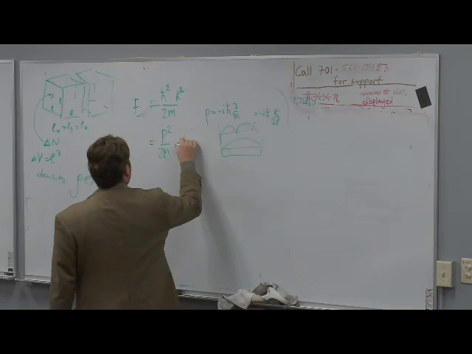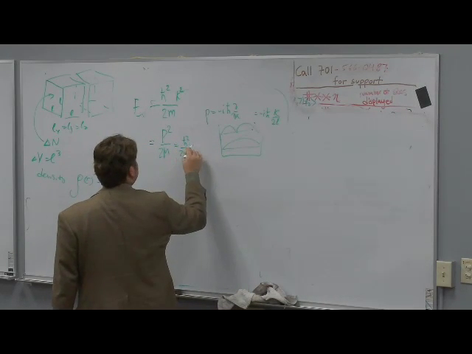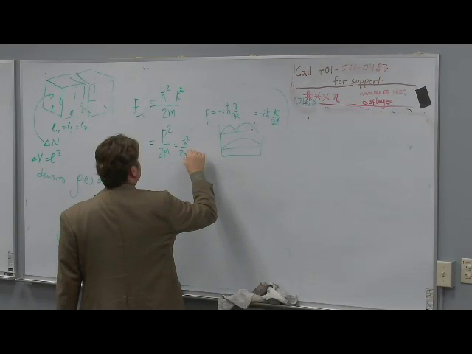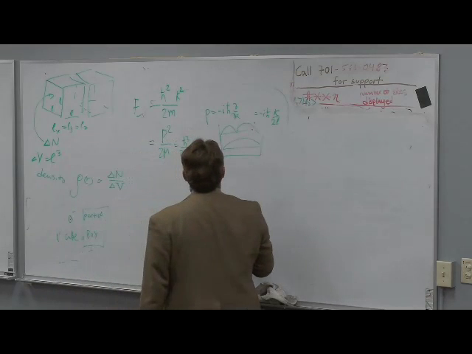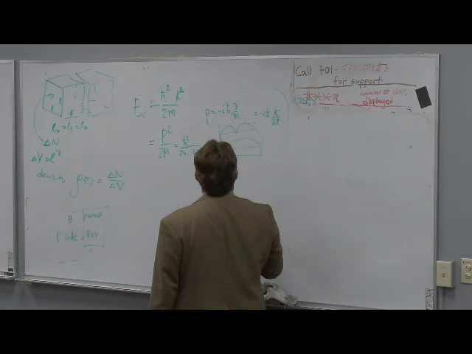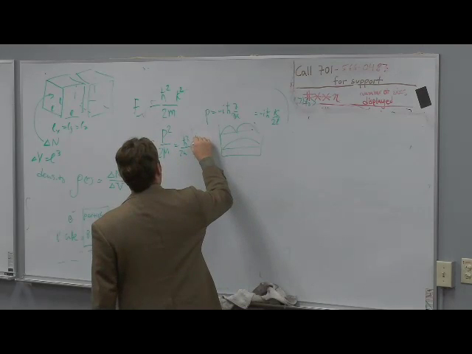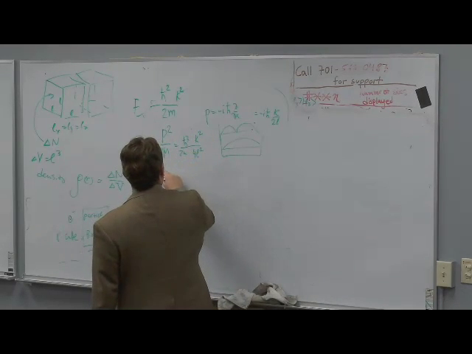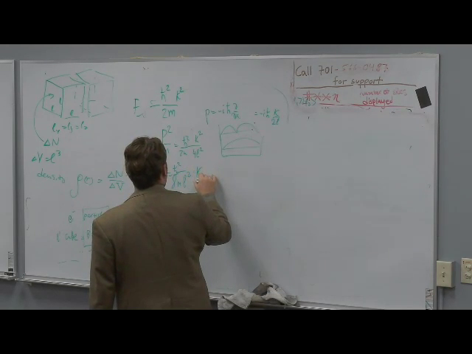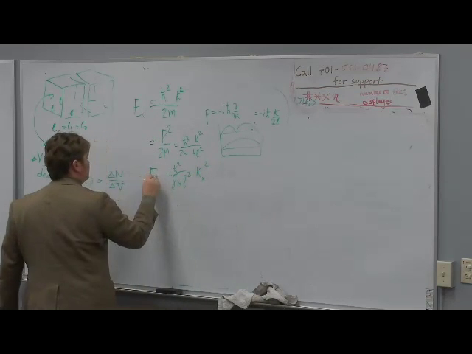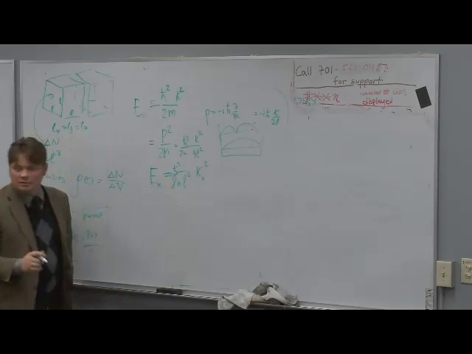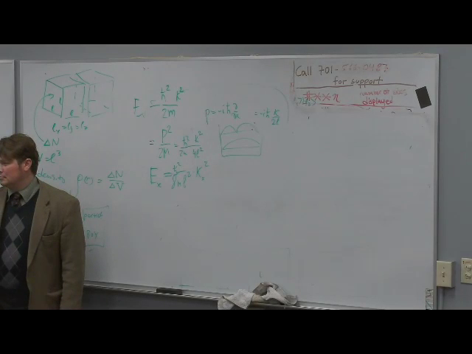So it will be h bar squared over 2m, and now we will have 4L squared, so h bar squared over 8 m L squared times k x squared. So it is for a one-dimensional box. Make sense? We do not see errors. Maybe I do not need to edit the video.